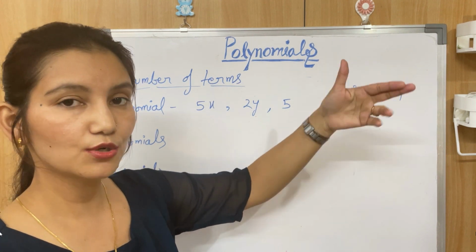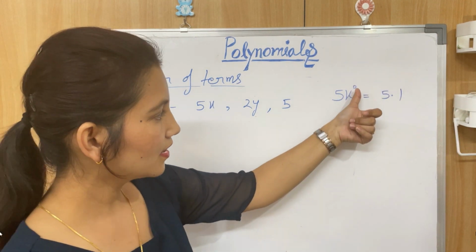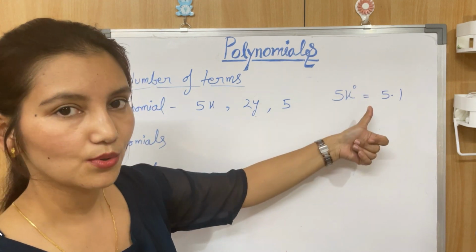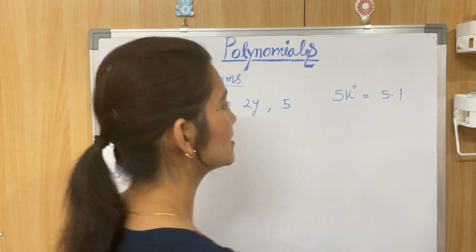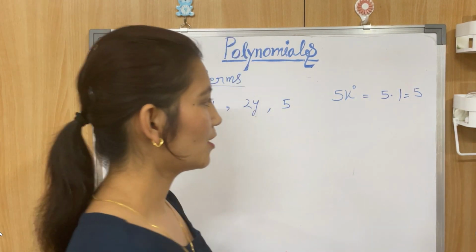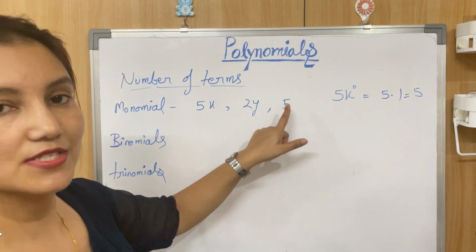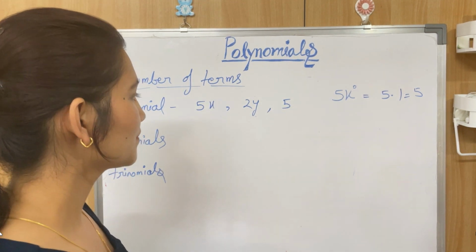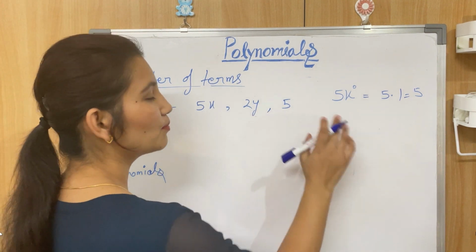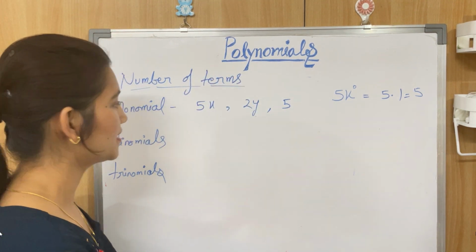It can be 0, 1, 2, 3 and so on. So if we take the power of x as 0, x to the power 0 makes 1, and 5 into 1 makes 5. So from here we can conclude that 5 is a polynomial. Now you understand why 5 is a polynomial. These are examples of monomials because they consist of only one term.